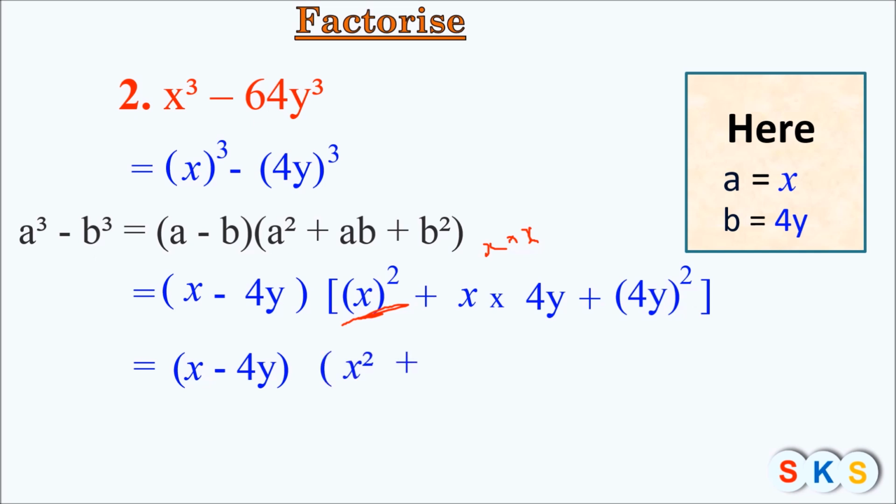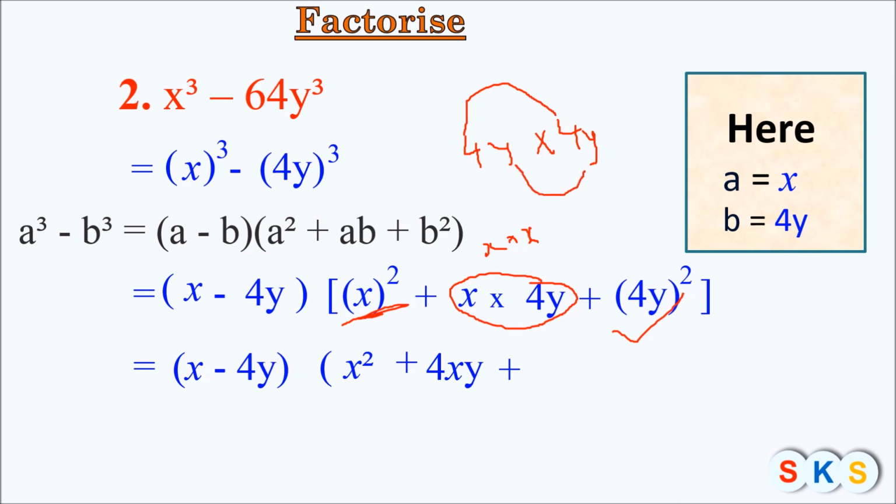Plus, now we have x into 4y, and x into 4y gives us 4xy. Plus, now we have the last term as 4y the whole square, and 4y the whole square means 4y into 4y. 4 into 4 gives us 16, and y into y gives us y square.